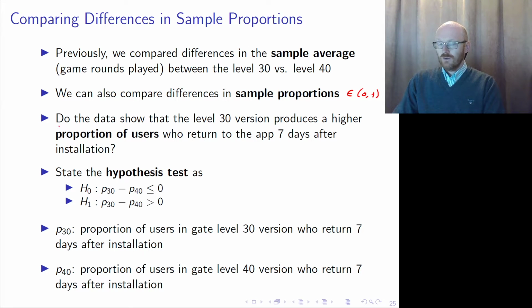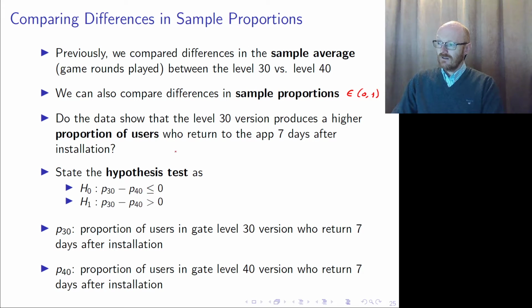And we have a question. Do the data show that the level 30 version produces a higher proportion of users who return to the app 7 days after installation? This is our research question.